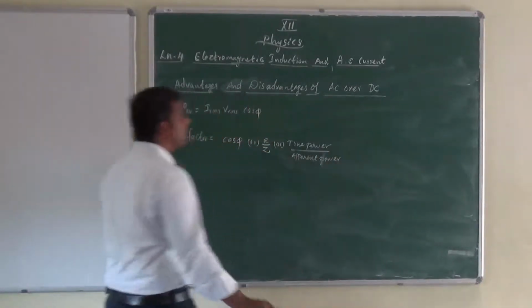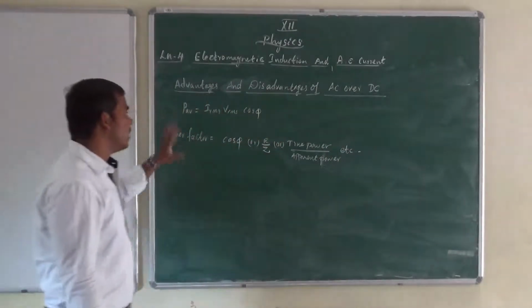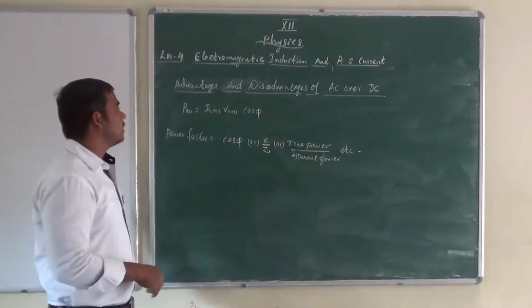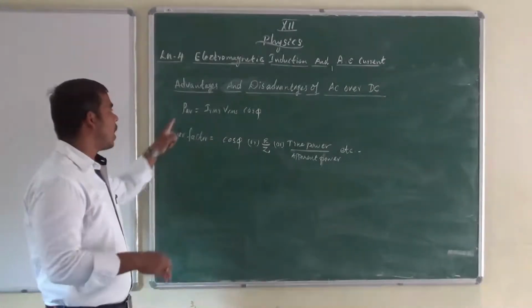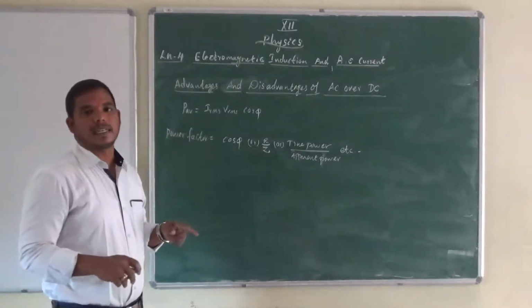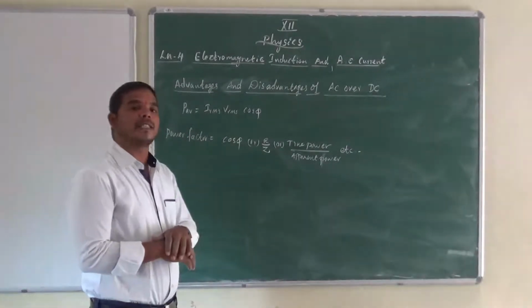These topics we have discussed, and we have calculated how to solve the given problems on average power and power factor. So today we are going to discuss the advantages and disadvantages of AC over DC.